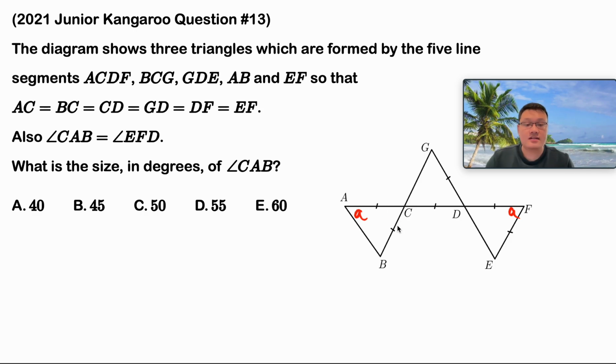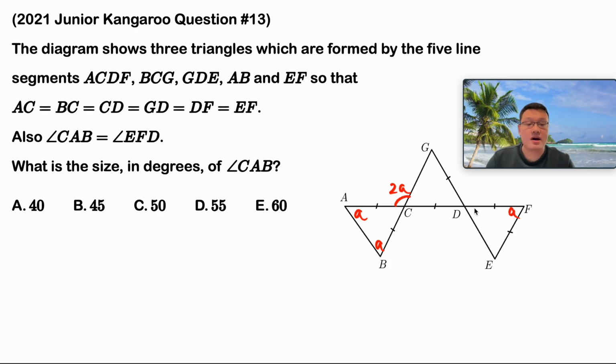If you focus on CAB, you'll find that it is an isosceles triangle, so these 2 base angles equal each other. That will be A and A, right? So use the exterior angle theorem. We know that ACG will be 2A. Now if you focus on this triangle DFE, the top angle is A. So one of the base angles will be 180 take away A and divided by 2.